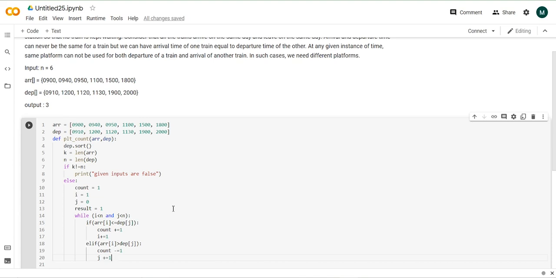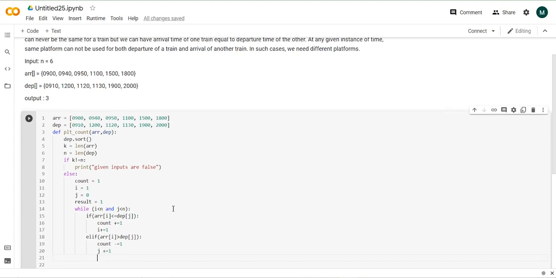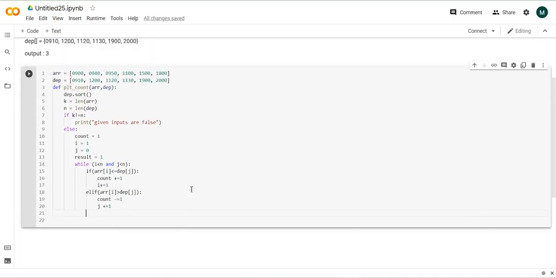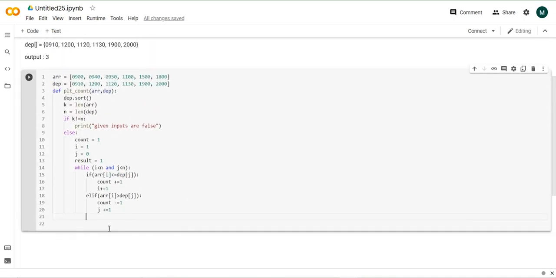And then we're going to define the last part. It is an if condition: if count is greater than result. As I already told, result should be constant, and at least we need one platform.